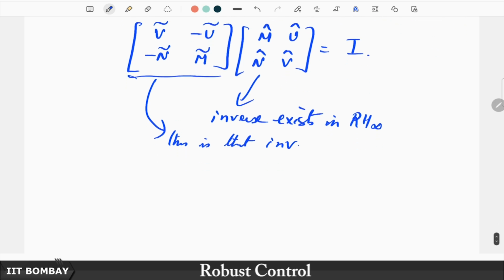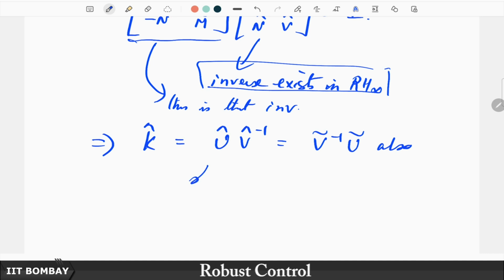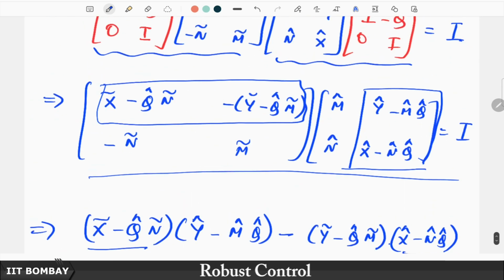But what does it mean to have the inverse existing in this? By our preceding result, this means that k hat given by u hat v hat inverse, which is equal to v tilde inverse u tilde, also stabilizes the system, because that is what we proved in the previous result.